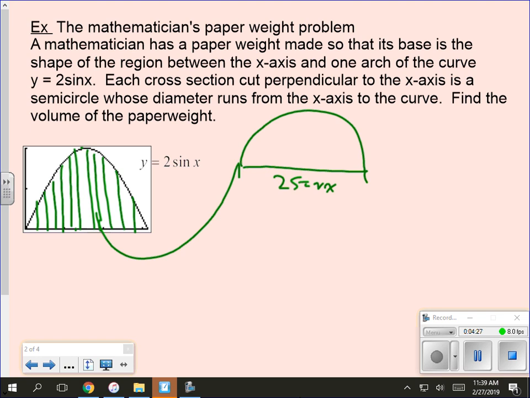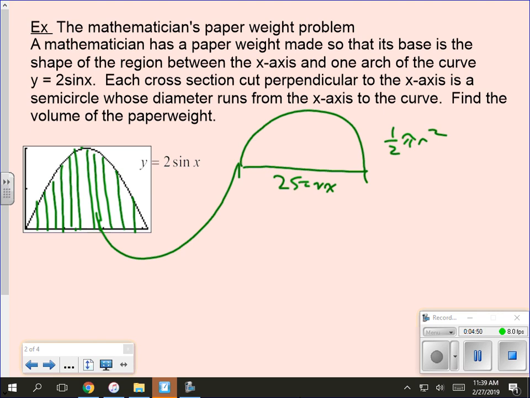The formula for a semicircle is 1/2 pi r squared, because pi r squared is a circle, so half of that is a semicircle. Can I find my radius?